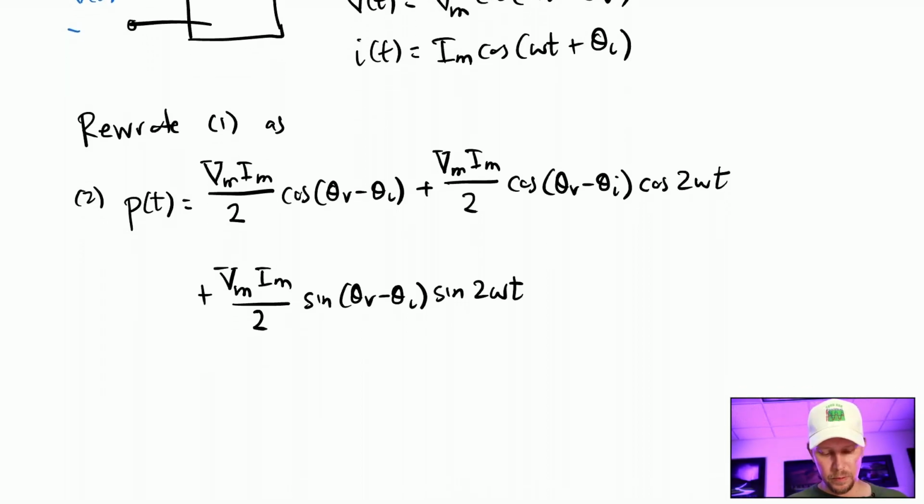Now, there are a few observations that I really want to bring to your attention. The first one is this is a time-evolving power, right? It is a function of time. However, the only places in the entire equation where there's a time dependence is right here in the second term and right there in the third term. Notice that this first term contains no time dependence whatsoever.